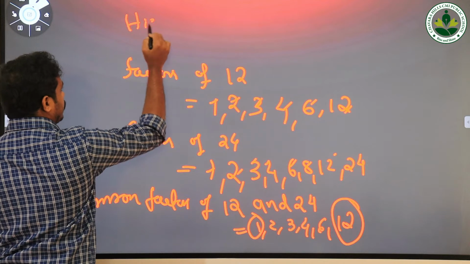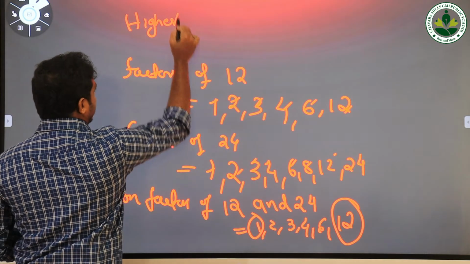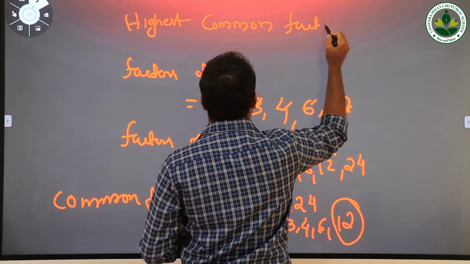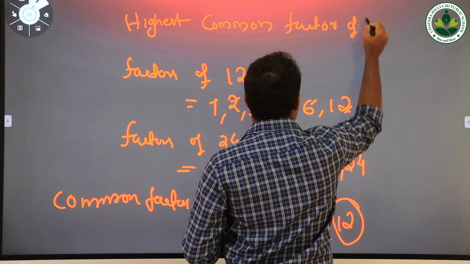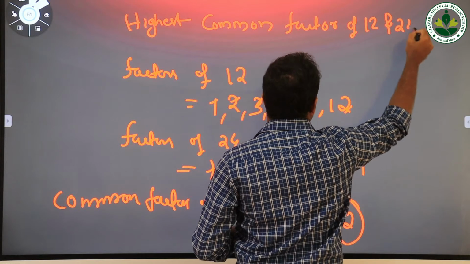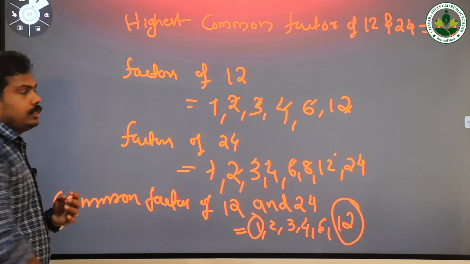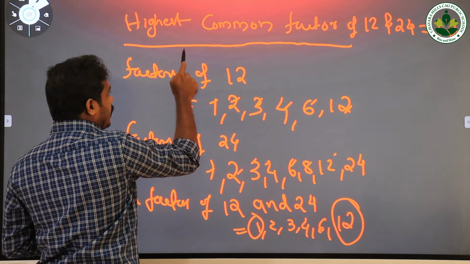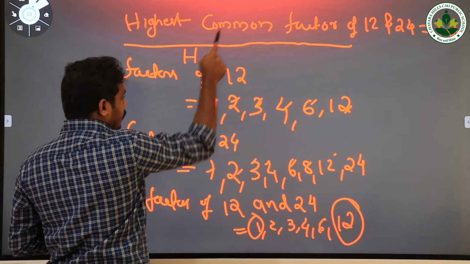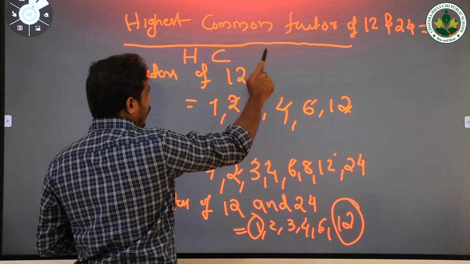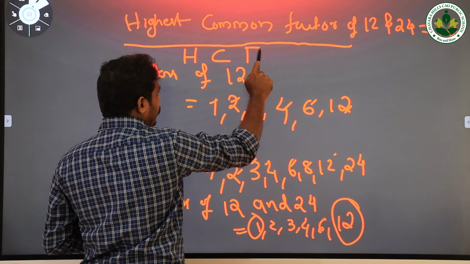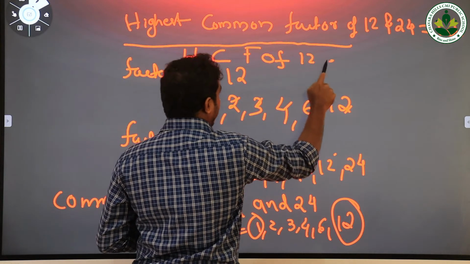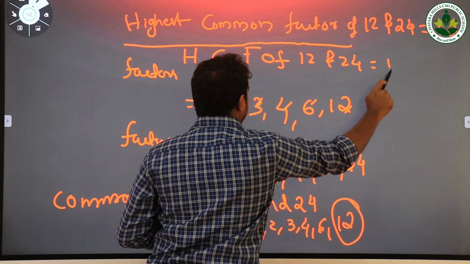The highest or the greatest common factor of 12 and 24 equals 12. From highest we take H, from common we take the first letter C, and from factor we take F. It is HCF of 12 and 24, that is equal to 12.